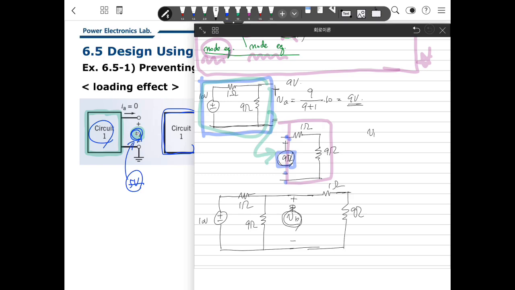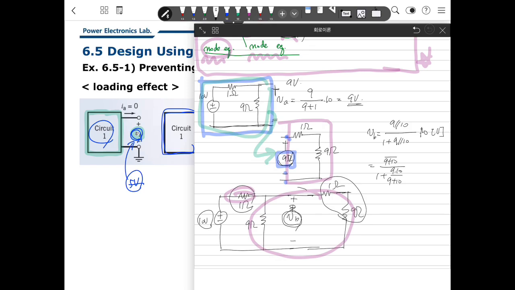Then what is VB? This is a resistor of 1 ohm and this is another resistor here. So there will be 1 plus 9 parallel 10, and 9 parallel 10 times 10 volts. So there will be 8.257 volts.